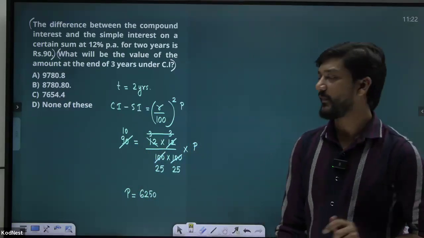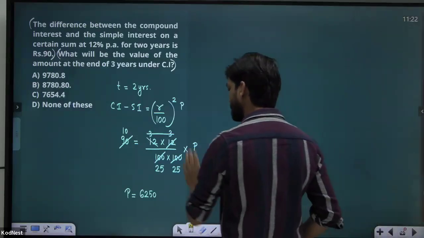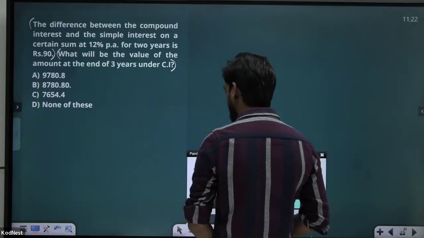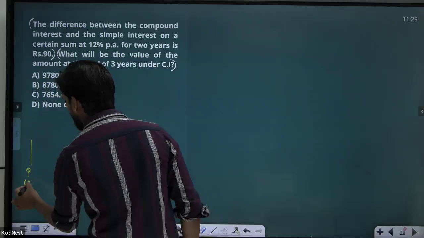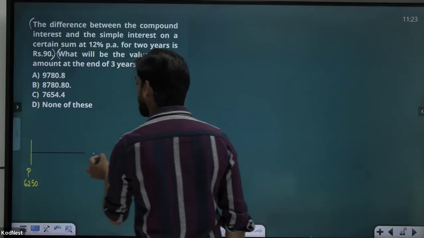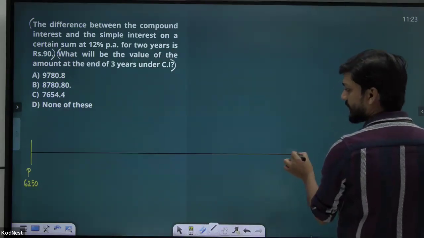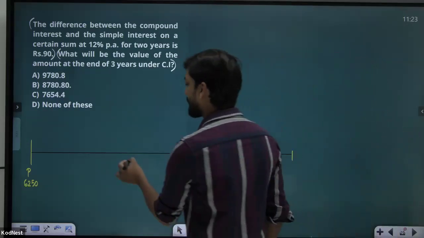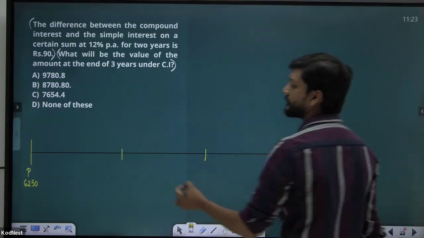When I go to the next part, I will take the principal 6250 and I will calculate the first year, second year and third year. So 3 years I will calculate.